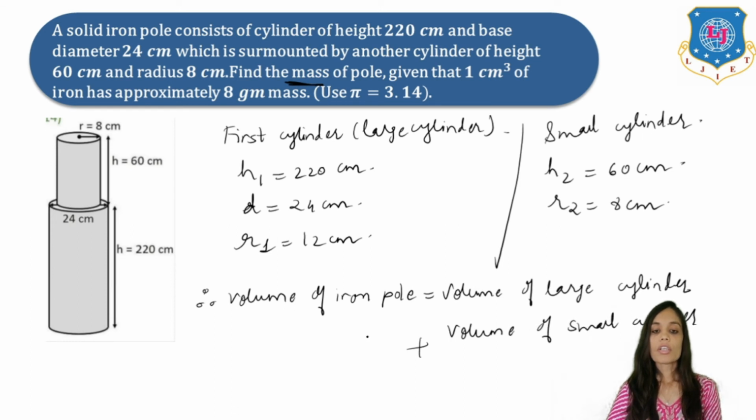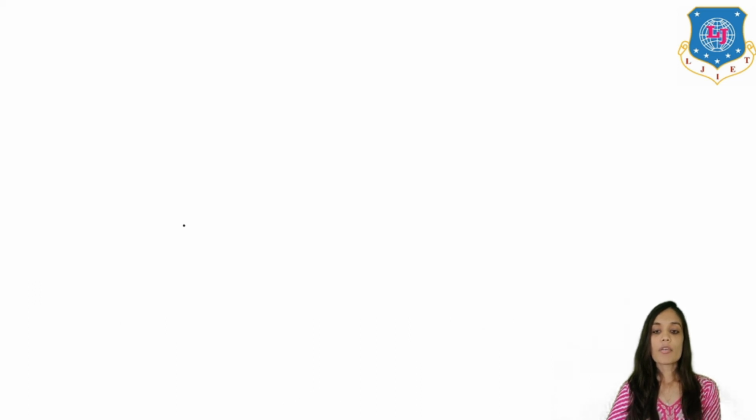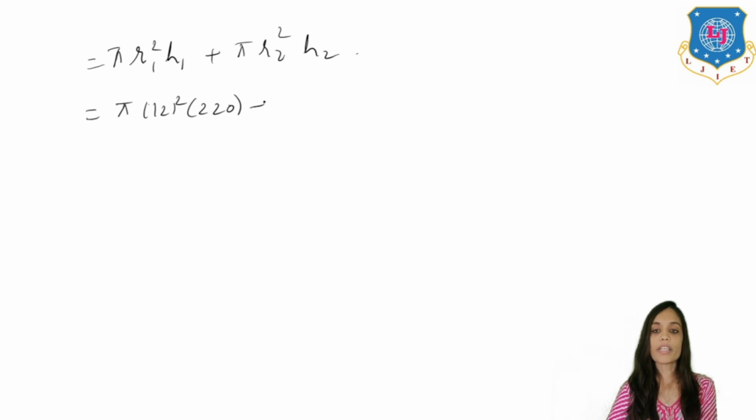Now we know the volume will be given by the formula pi R1 square H1 plus pi R2 square H2. Now we know the values of R1, R2, H1, H2. So let us put those values. So we will have pi into 12 square into 220 plus pi into the radius of the small cylinder, which is 8 centimeter, so 8 square into 60.